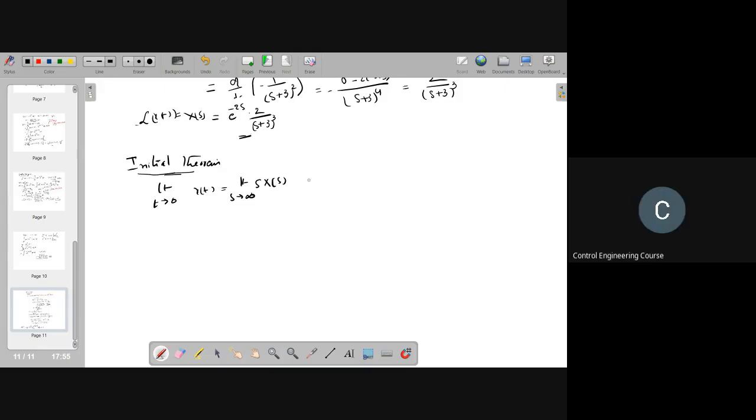And there is one more important condition: X of s should be a strictly proper function.